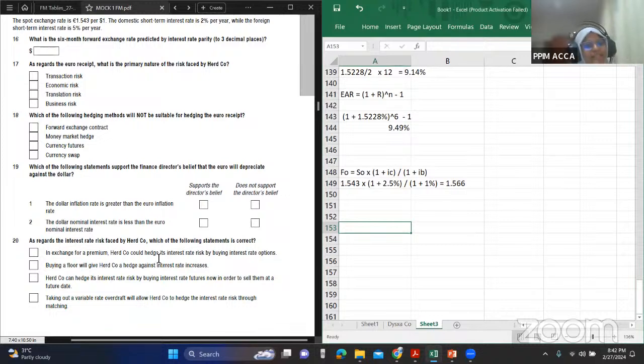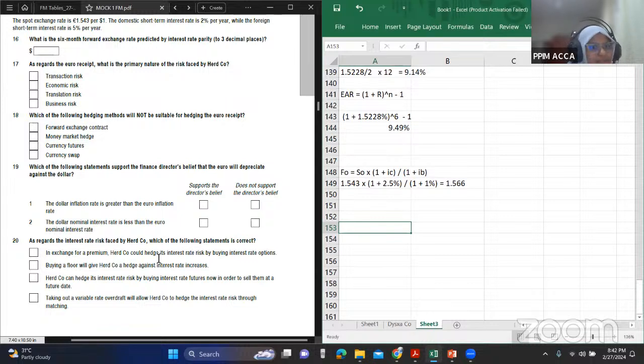Which of the following statements support the finance director's belief that the euro will depreciate against the dollar? Okay. So he's saying that the euro will depreciate against the dollar, meaning the dollar becomes stronger. So it's saying the dollar inflation rate is greater than the euro inflation rate.